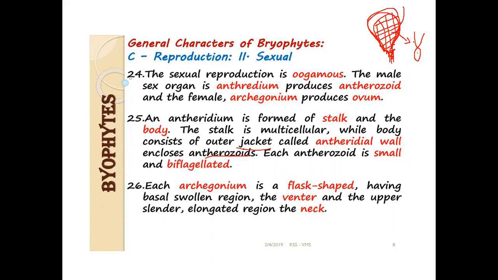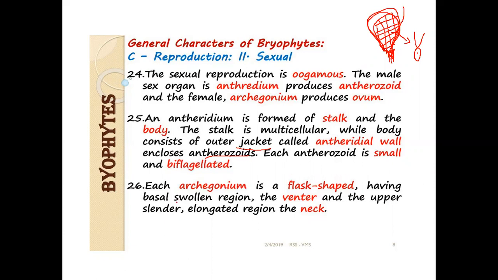These antherozoids are biflagellated, and you can see here the presence of two flagella. They are motile and can move from one place to another with the help of the flagella. So antherozoids are the small biflagellated male gametes developed from the antheridium, the male sexual organ.